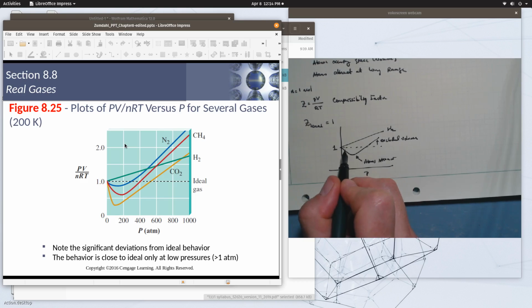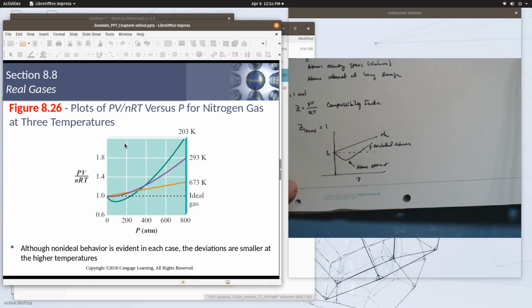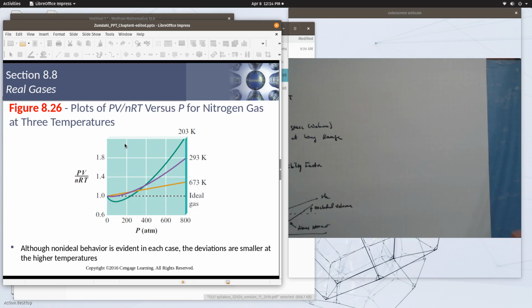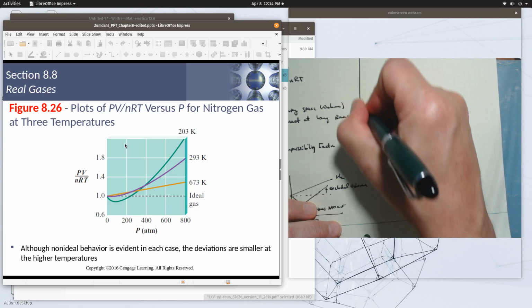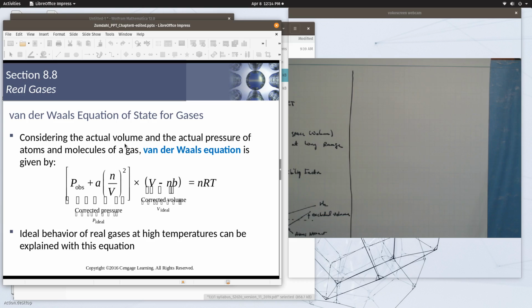In fact, it's this kind of behavior that gives rise to the phase transition between liquids and gases, and an equation called the van der Waals equation. The van der Waals equation is the first attempt to make a correction, and I think it's one of the more useful equations of state to examine.